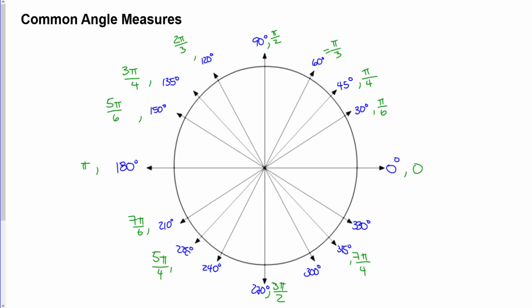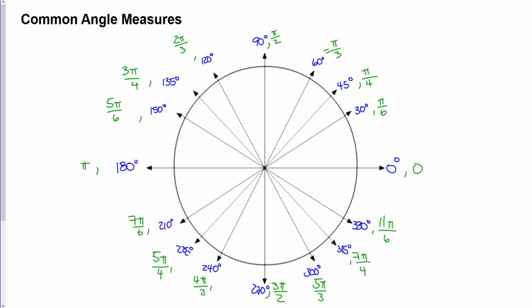And 240 would be 4 pi over 3. 300 is 5 pi over 3. And 330 is 11 pi over 6. Those are all the important ones.